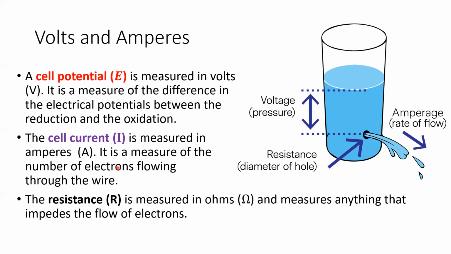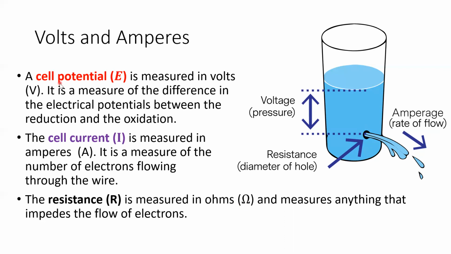If a little bit of electrons are flowing through that wire, it's going to be a lower current. And if the diameter of this hole is really small, there's going to be a great degree of resistance for water flowing through it. If the hole is really big, there isn't going to be as much resistance for the water flowing through it. Resistance is just the push against the flow of electrons.